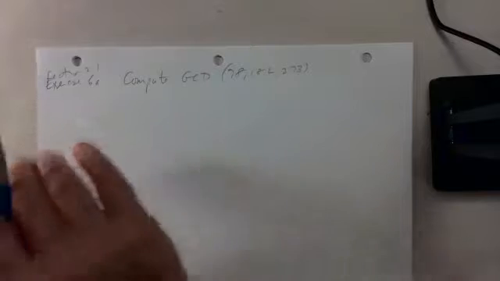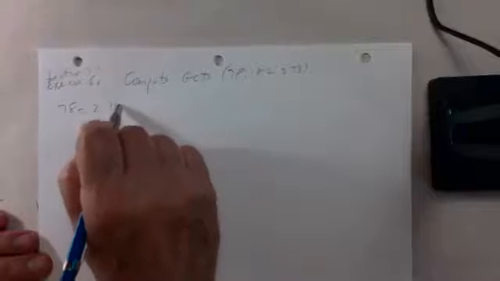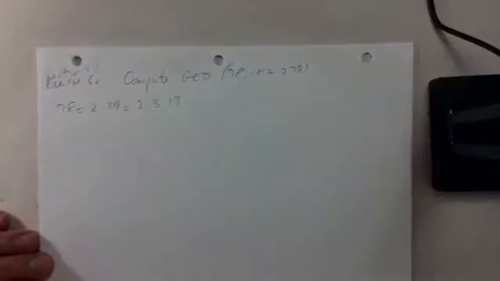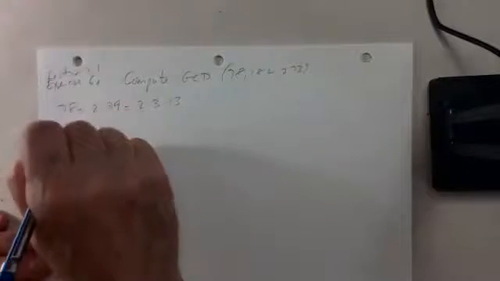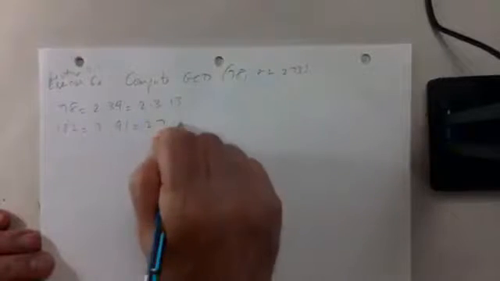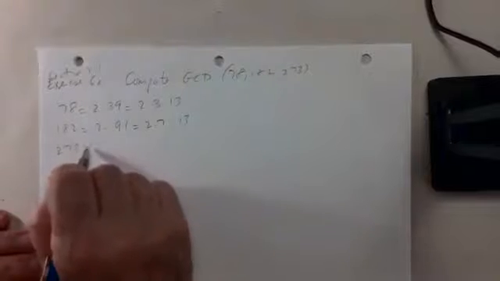Let's try one way first, just to find the GCD. You could just factor the numbers. So 78 is 2 times 39, which is 2 times 3 times 13. 182 is 2 times 91, which is 2 times 7 times 13. And 273, what is that?